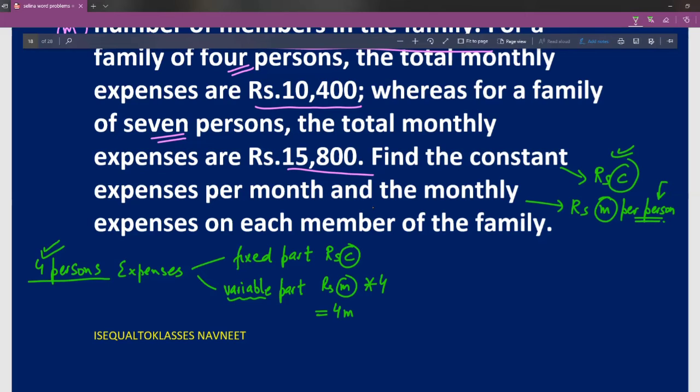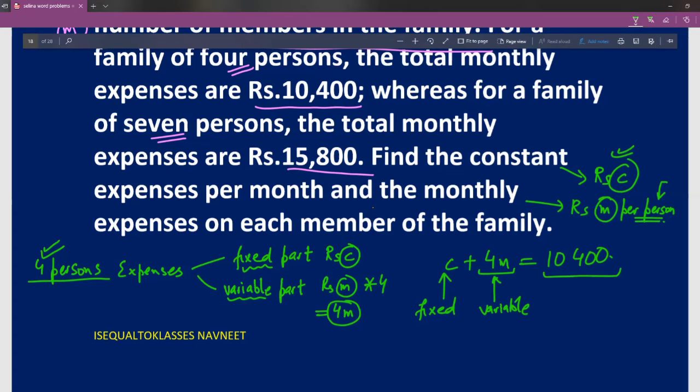Now C is the fixed part, 4M is the variable part, and C plus 4M is equal to 10,400. I hope you are getting what I am trying to tell you. Have a look at this again. This is the fixed part. This is the variable part.